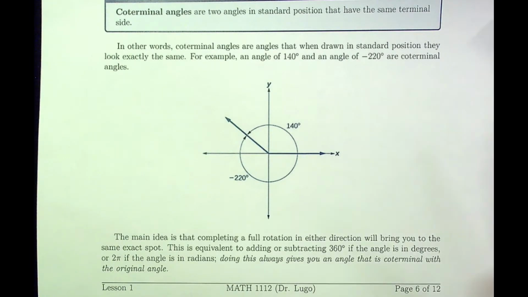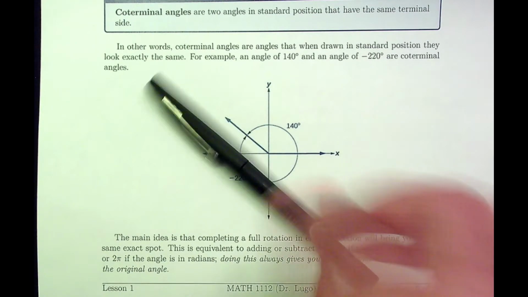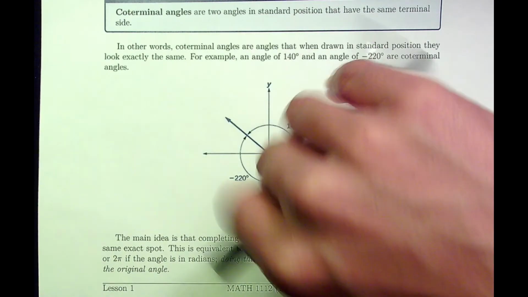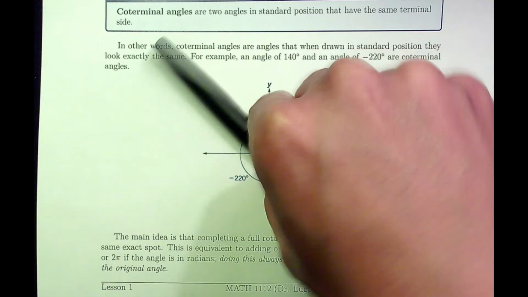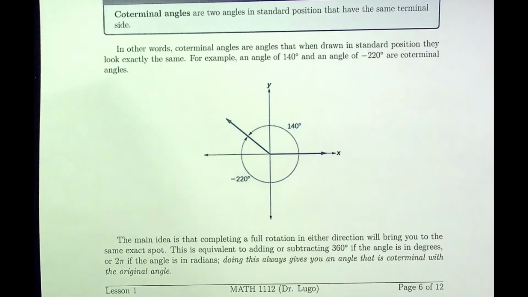So if you have one coterminal angle and you do a 360, you end up exactly in the same spot. Doing a full rotation brings you back to the exact same spot. So that means that adding 360 or subtracting 360 is going to give you another coterminal angle.